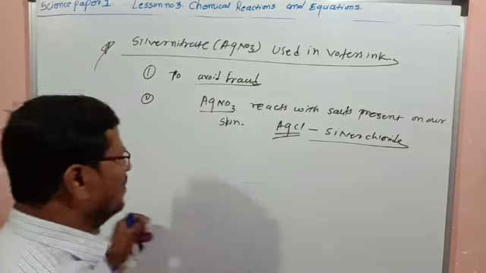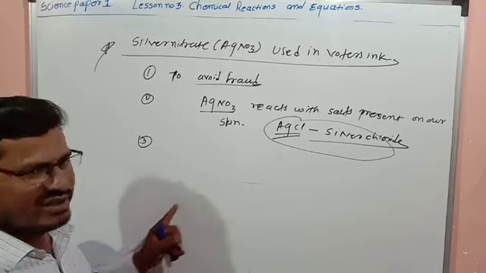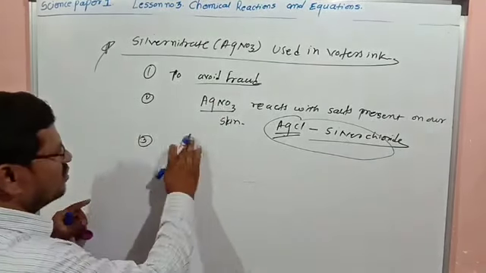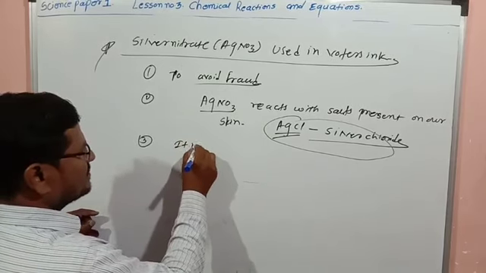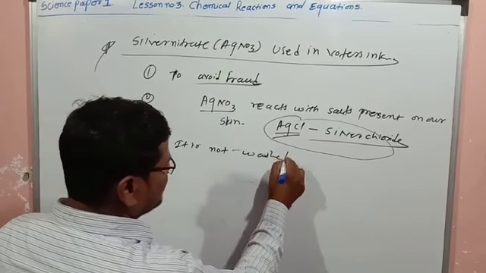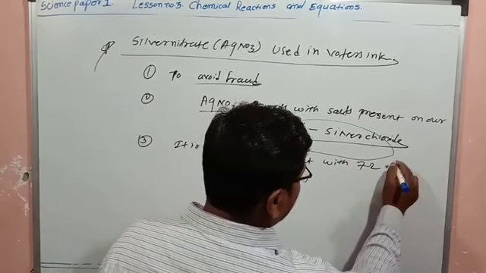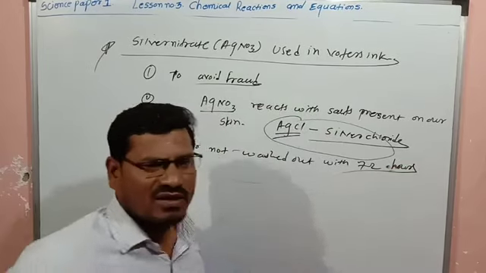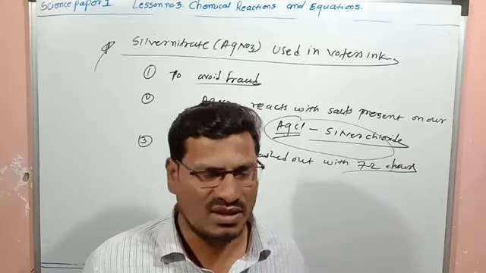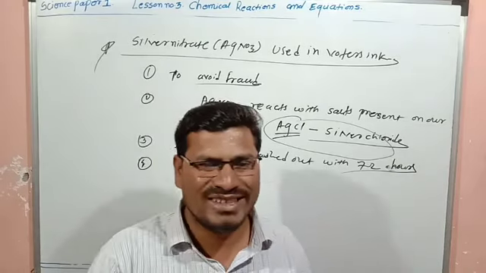The third thing, this layer of silver chloride along with the ink will give a brownish color to the skin and it will not be removed. It is not washed out within 72 hours. If you wash it anyhow, it is not removed within 72 hours. The fourth point is that it is removed along with the skin.